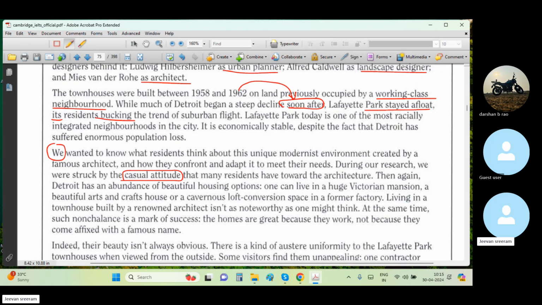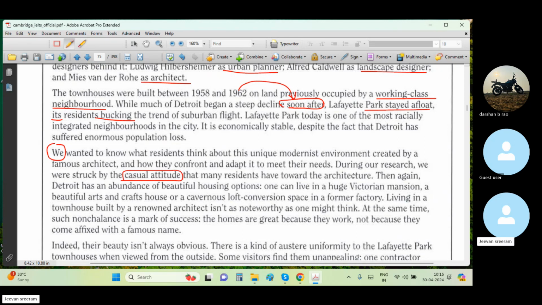So the author is indicating that living in these houses, when they have a wide variety of better options, may not be as noteworthy as you think. Generally, whoever thinks these townhouses were built by great people would say the people are really privileged to have such houses.